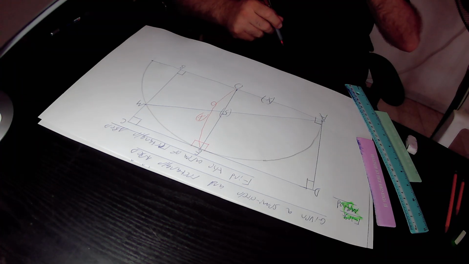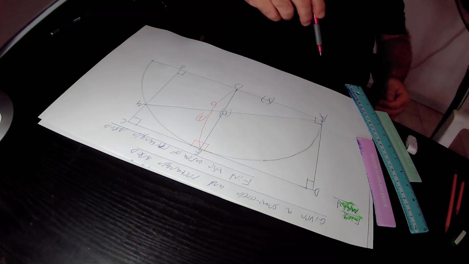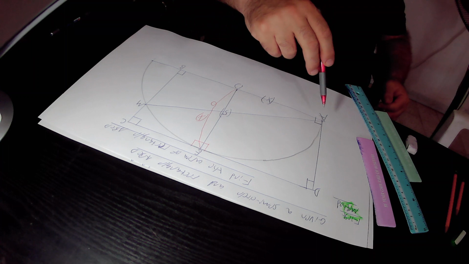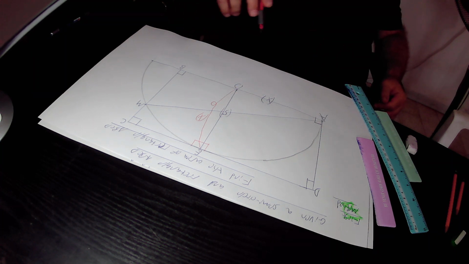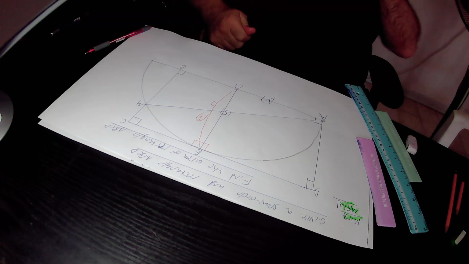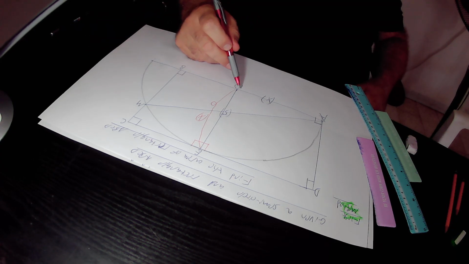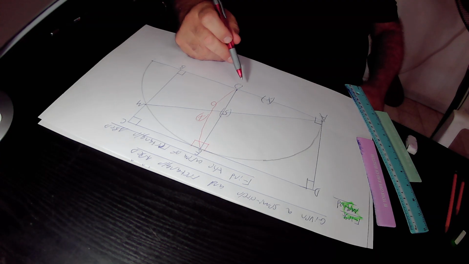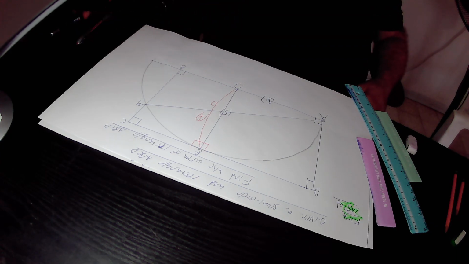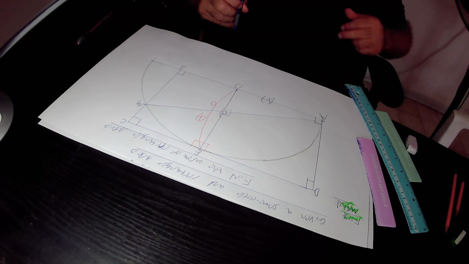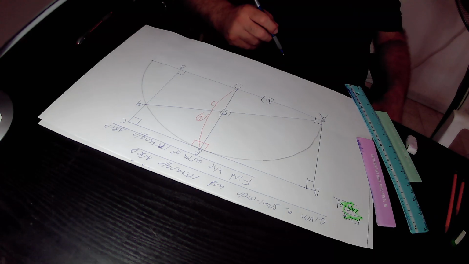So actually, inside quadrilateral ADEO, we have 3 right angles. The sum of 3 right angles is 270 degrees. So 270 degrees plus the size of this fourth angle, in total they must be equal to 360 degrees. According to the rule, the sum of the angles in any quadrilateral is equal to 360 degrees.